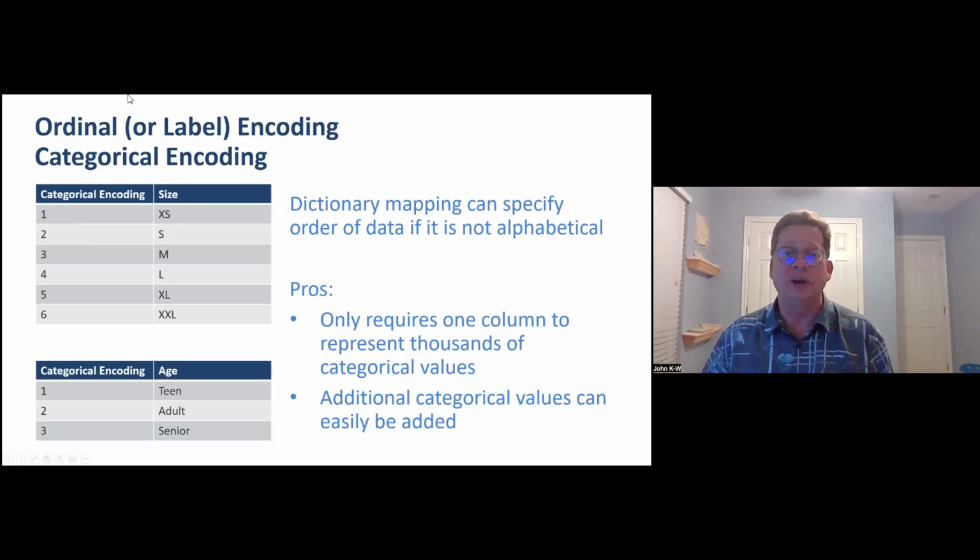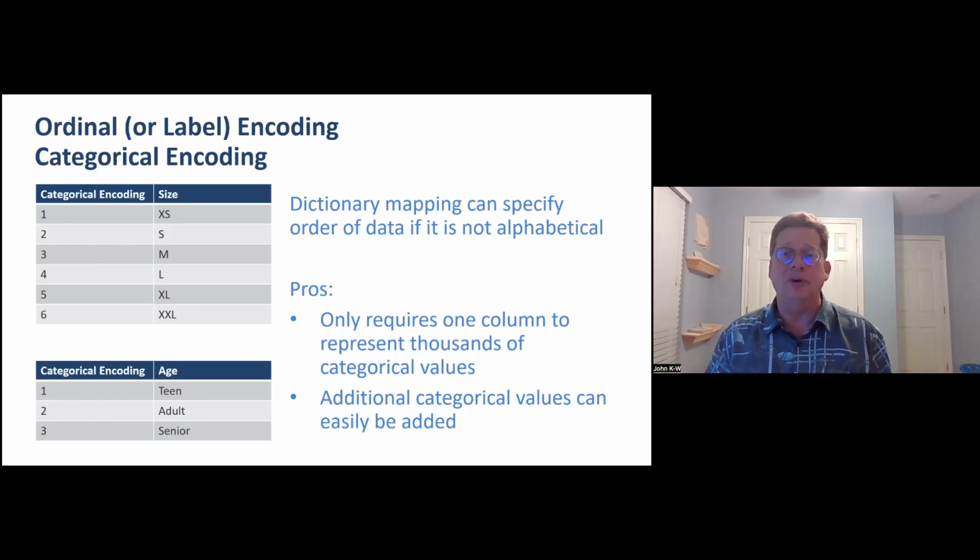If you start doing a sum or an average of these numbers, it's just not informative. But it is helpful for the different predictive models that you can see whether extra large shirts sold more often than extra small shirts. You could also do this with different age groups. So if you had groups like teenagers, adults, and seniors, you could assign that a label from 1 to 3.